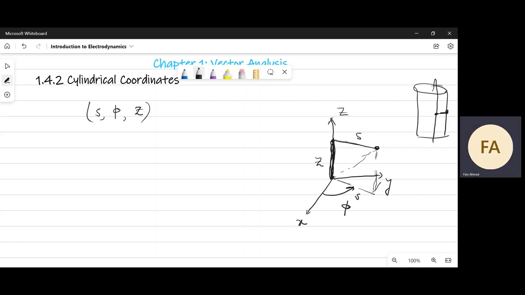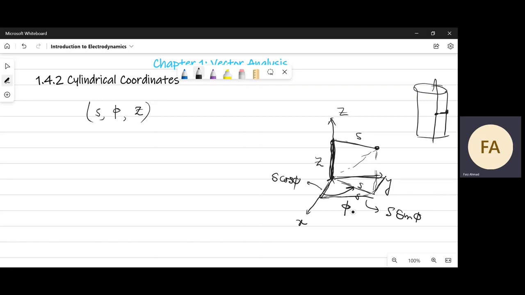If we draw this, this is s, and this is phi. The phi angle is on this side, so this side will become s cosine phi, and the other side will become s sine phi.